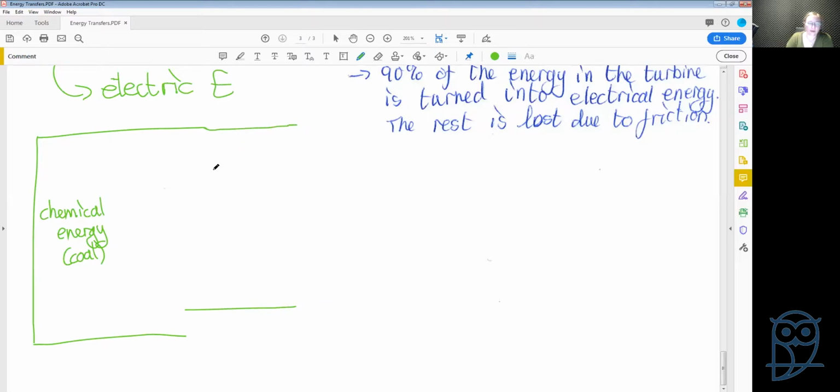So here we've got it as heat energy in the steam. And here we've got a waste product coming out. And this over here is heat energy, which goes into the atmosphere.